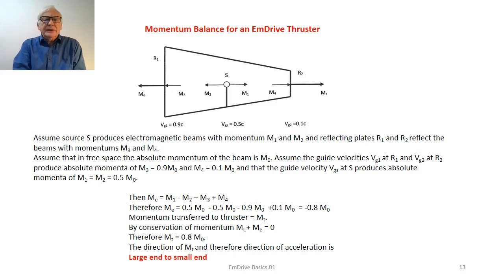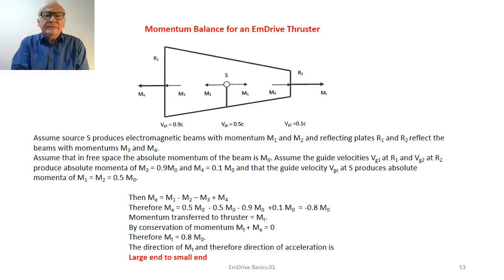then you can see that the momenta at these points, so at R1 the momentum is M3, M3 will equal 0.9 M0, where M0 is the absolute momentum of the electromagnetic beam in free space.